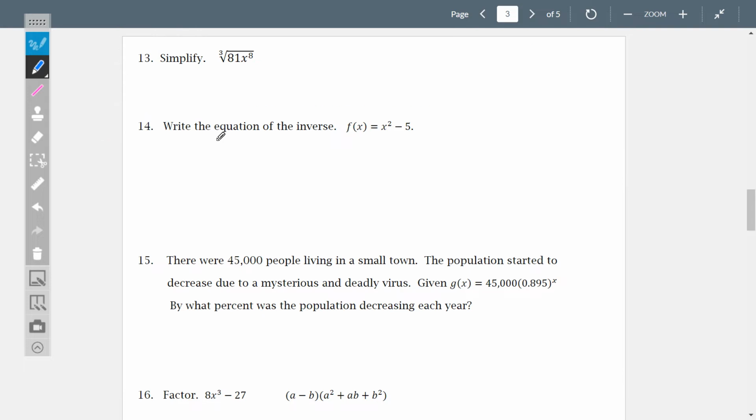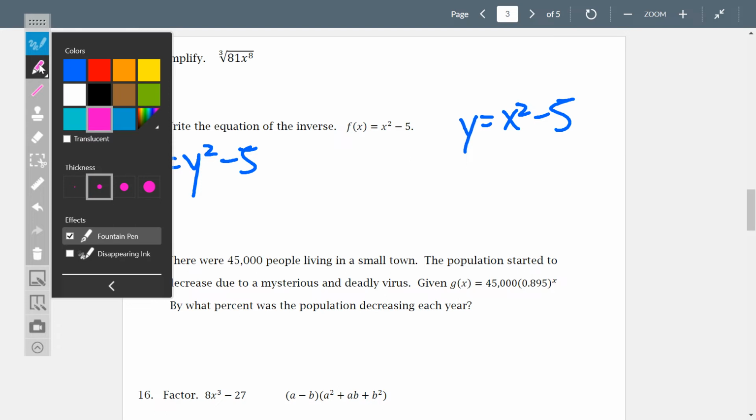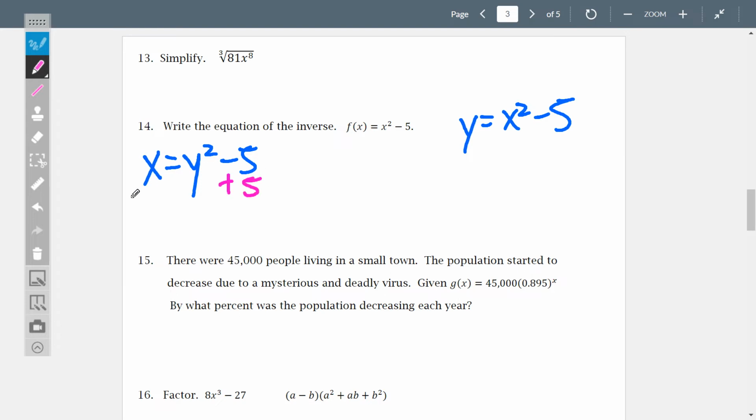Number 14, write the equation for the inverse function. Okay, so if we write this as y equals x squared minus 5, and we switch the x and the y and resolve it, then we'll have our inverse function. So let's switch the x and the y, and then resolve this for y. So add 5.